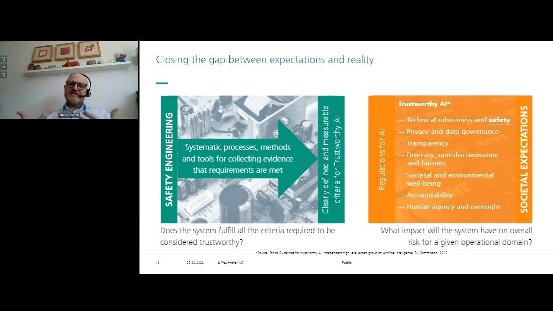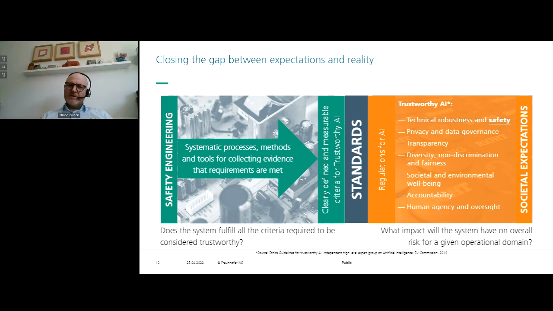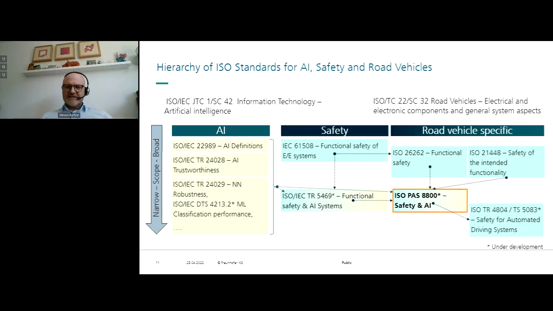We need some translation between these very high-level trustworthiness criteria to what we can actually technically influence and measure. And from my perspective, I think this is where standards can help. It helps to create that sort of translation, to create a common level of understanding. And this is where I'll move on to some of the current standardization activities.